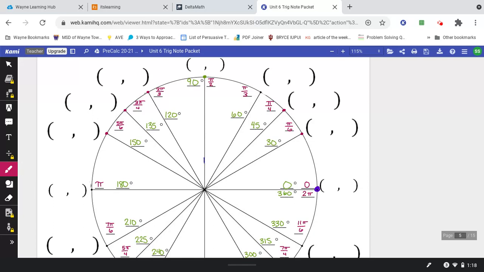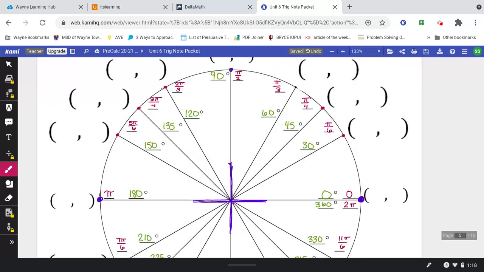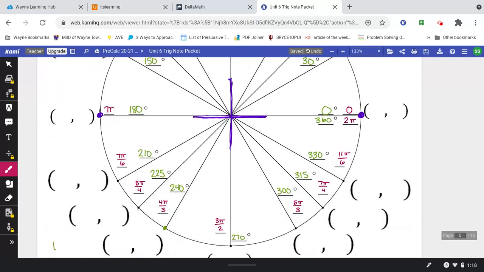I want you to think about this circle as being on a quadrant. This is called the unit circle. Unit represents 1. So when we say this is a unit circle, each point, if you go right or left or up or down, is a distance of 1.